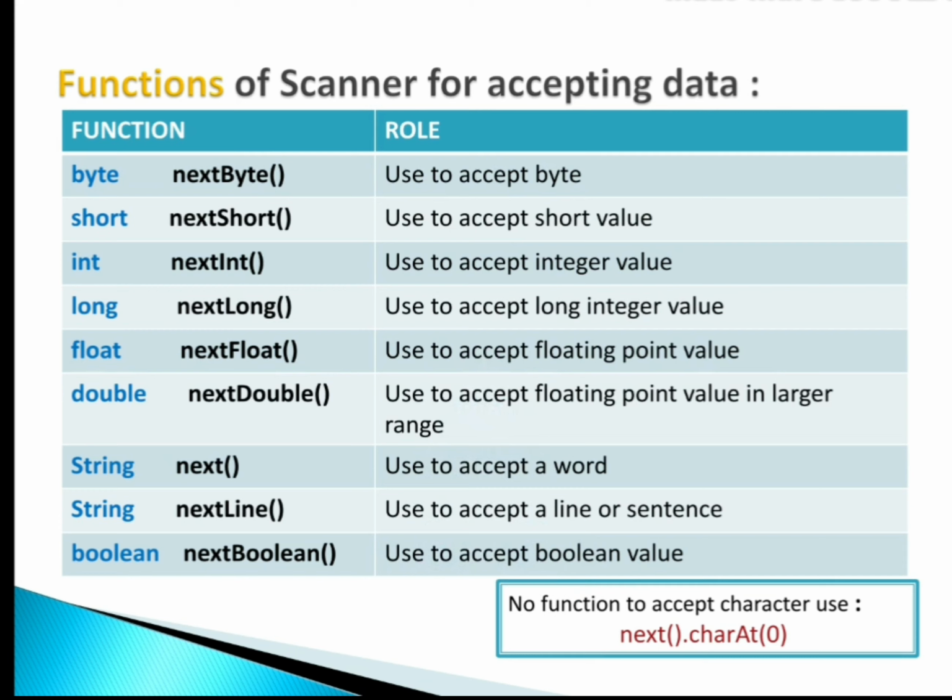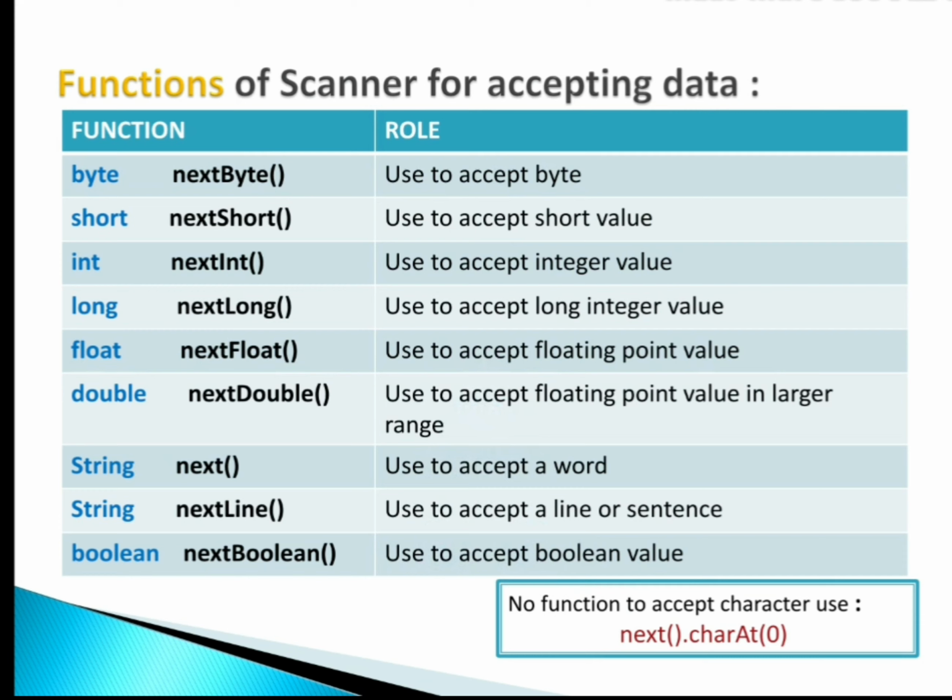In this way, the longest line is reduced and becomes just two words, object name dot nextInt, object name dot nextLong. And if you want to accept a single word, then you have to write next. If you want to accept a full line, then you have to write nextLine.